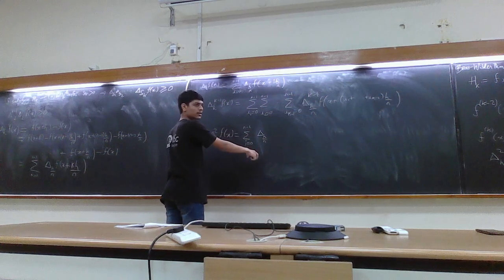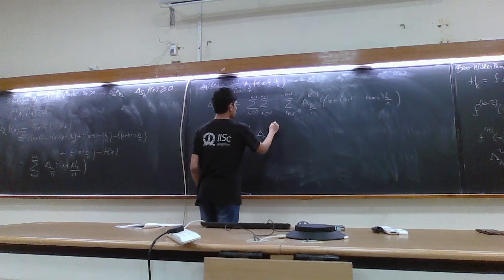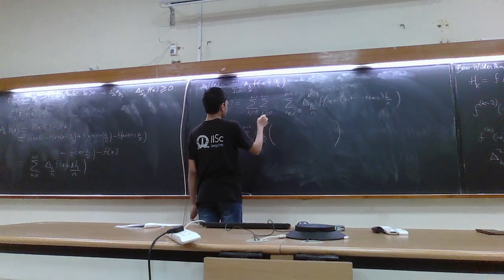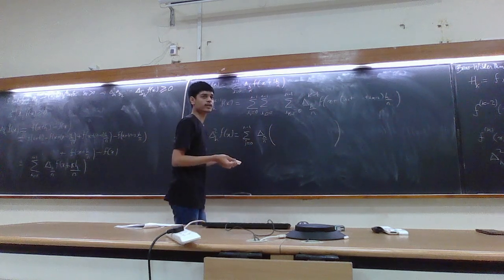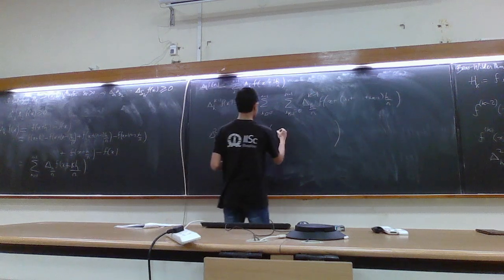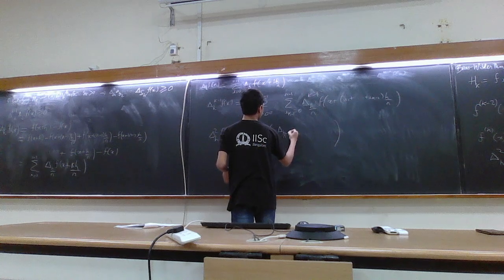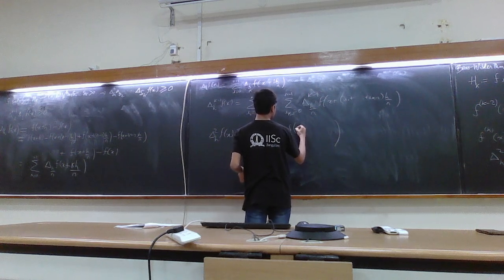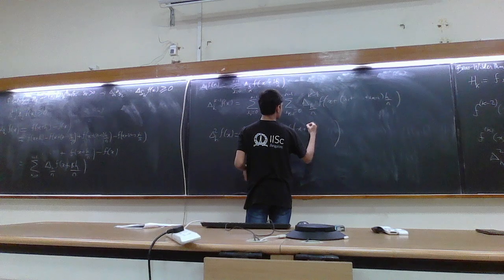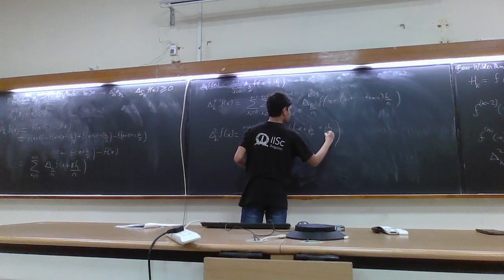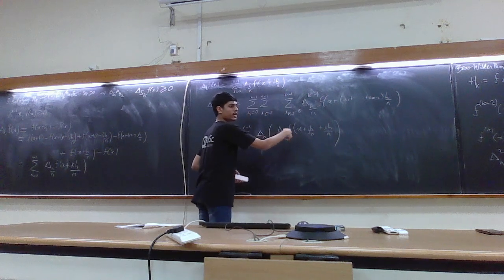Then you plug in this quantity inside delta h, so that becomes delta h by n f of x plus jh by n plus ih by n, because you're replacing x by x plus jh by n.